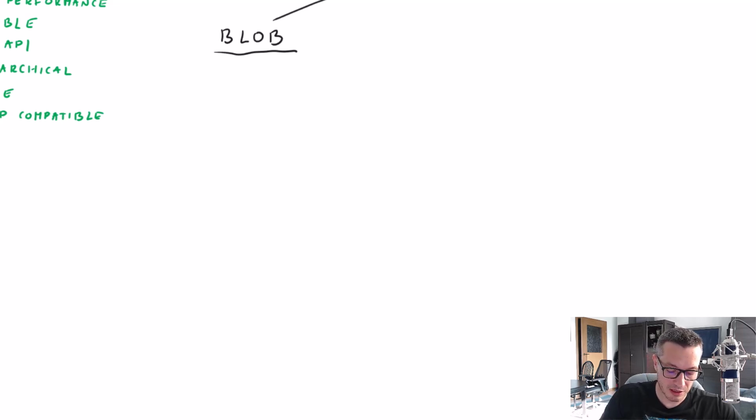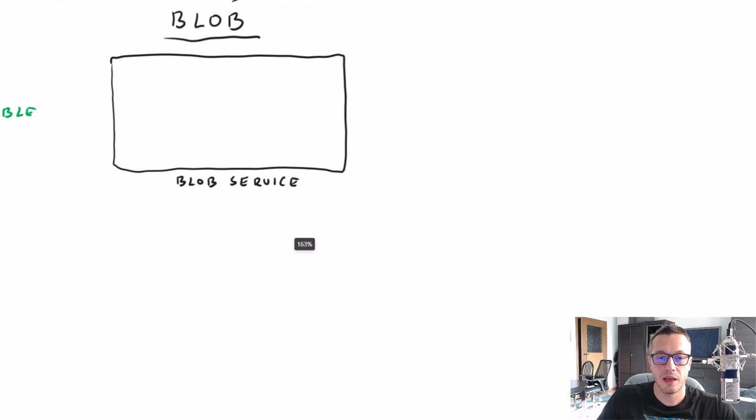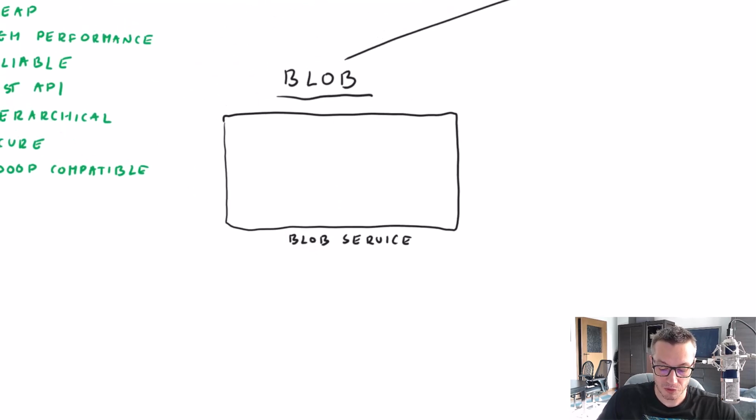So in our case, it means that we might have a storage account with this Blob service. Let me just write that this is a Blob service, and within it we would store our files, because that's what Blob service is all about.